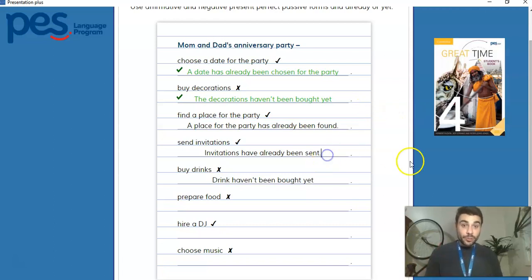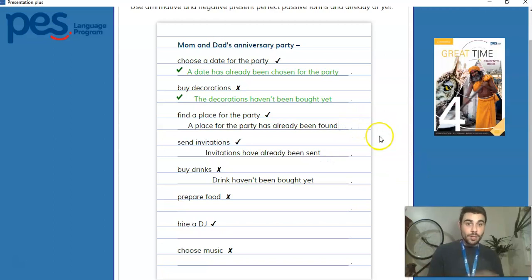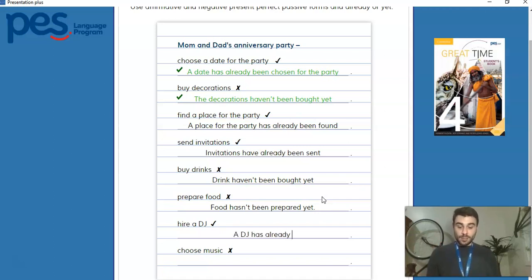I'm putting periods over here. Maybe that's a problem. Good one. Now, prepare food. Food hasn't been prepared yet. Hire a DJ. Affirmative. So, the DJ has already been hired. I'm putting the periods. That's the problem. And the last one, choose music, which is a negative one.